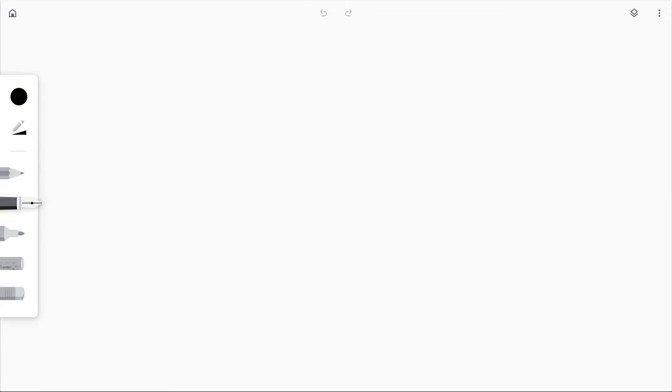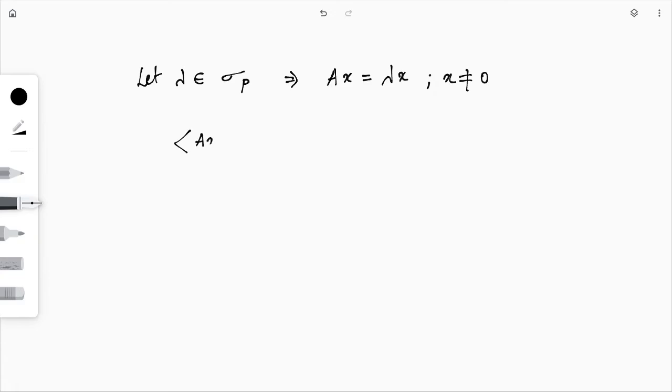First of all, we will consider an element in the point spectrum. So let lambda belong to sigma_p. Then I can say that A x is equal to lambda x, where x is not equal to 0. Now inner product <Ax, x> will be equal to inner product <x, Ax>.